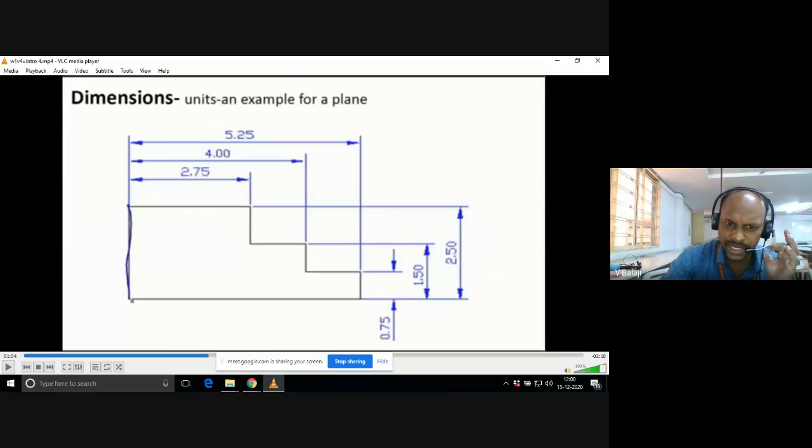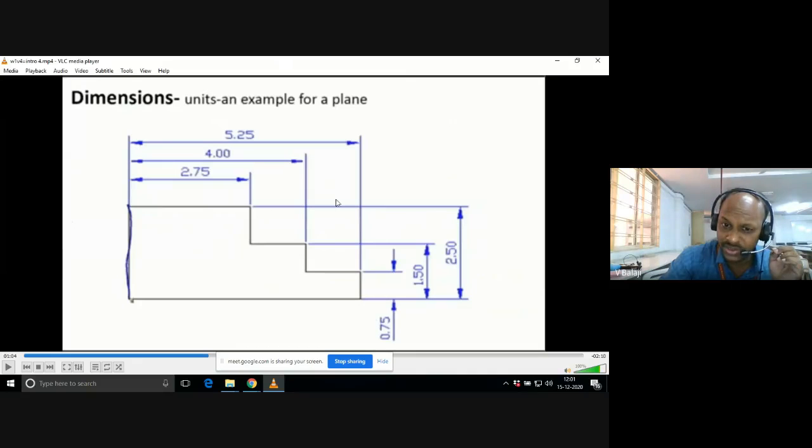Understood? And while writing the values like 2.75, these numerical values or any letters, alphabets, use HB pencil again. These are the standard notations we use while drawing on the drawing sheet.